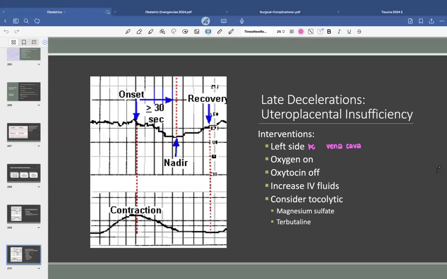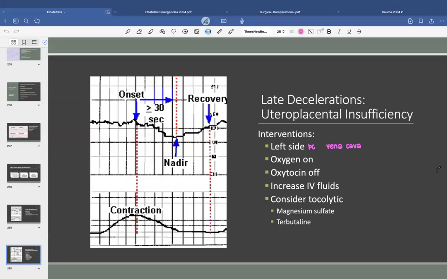So if she's getting oxytocin, you want to stop that flow. You want more blood flow to get to the uterus. Remember, oxytocin, which we'll talk about in postpartum hemorrhage, is going to help stop bleeding. So here we want to get more blood flow to the uterus.